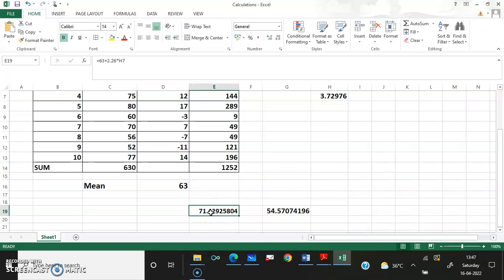It is 63 minus 2.26 into H7, where H7 is the standard error, 3.73. This is the upper limit, and the lower limit is 54.57.